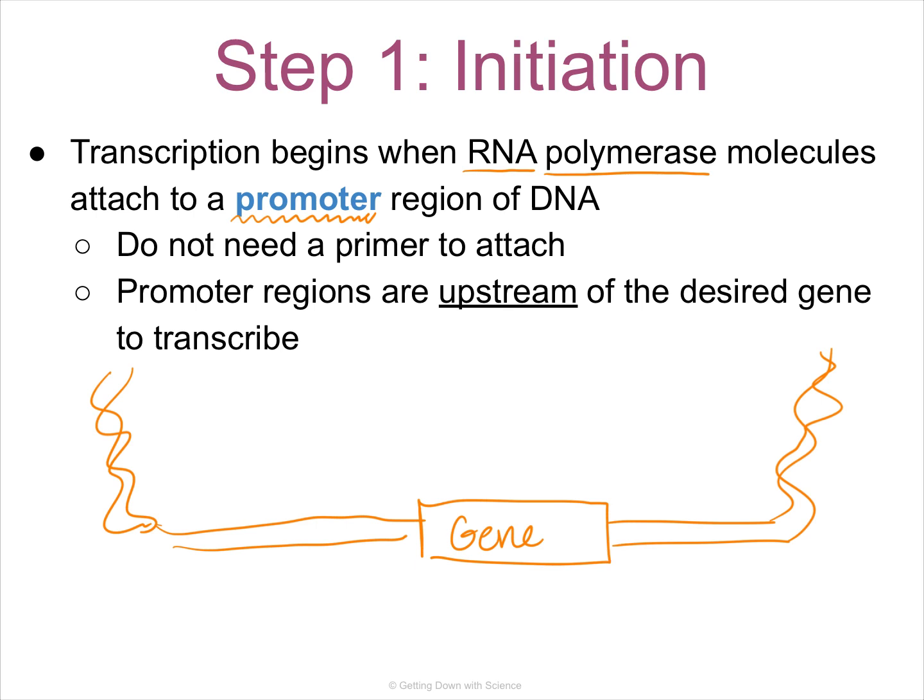Well, that's where the promoter region comes in. So the promoter region is going to happen kind of before the gene. And so it's a signal that says, hey, RNA polymerase, come bind right here, because everything after here is the gene that you need to transcribe. So that's what a promoter region is.